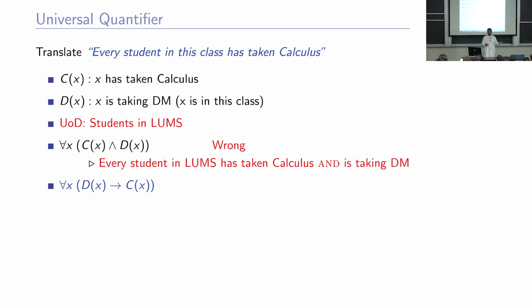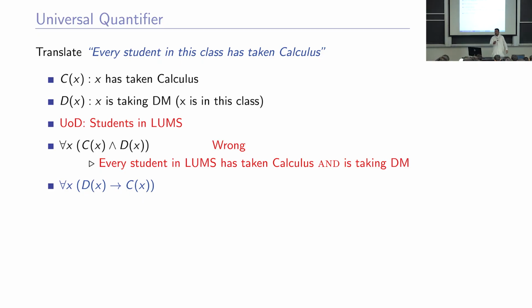Many people take calculus, law majors take calculus, anthropology majors take calculus, right? But they don't come to discrete math. Because that's the converse of this statement, that's not true. This one, so if you have not taken calculus, you cannot come to this course. That makes sense, right? That's the contrapositive of this statement. So I hope I answered your question.